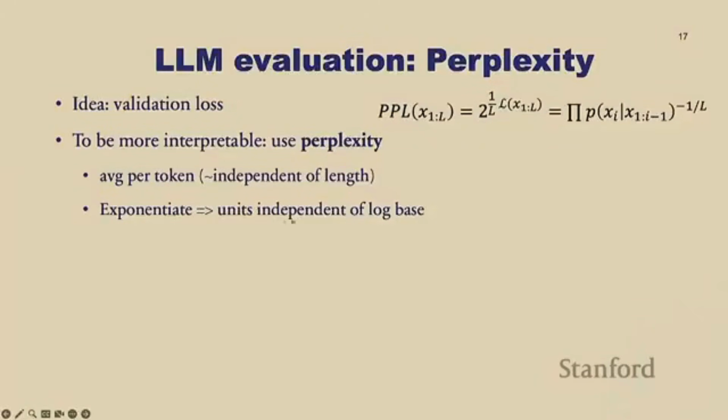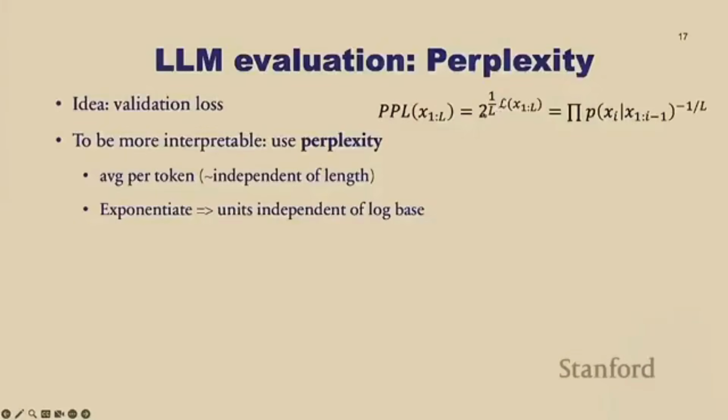The reason you exponentiate is that, one, humans are pretty bad at thinking in log space, and two, logs depend on the base of the log. When you exponentiate, you basically have everything in vocabulary size units. And the average per token is just so that your perplexity is independent of the length of your sequence.